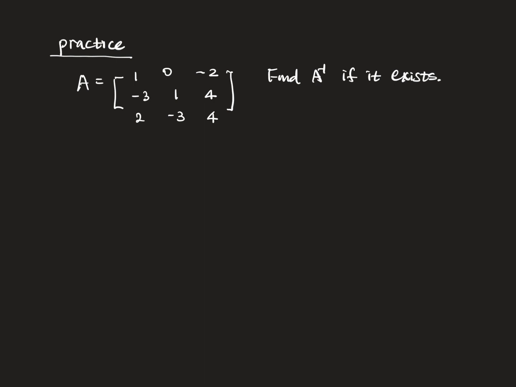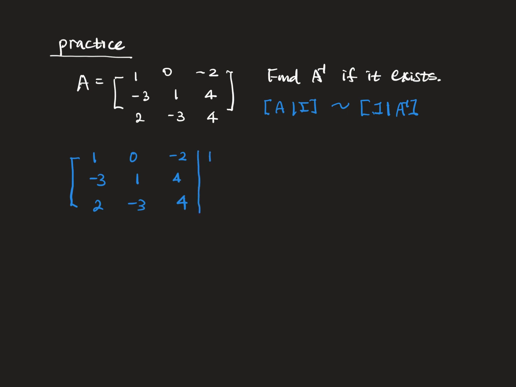So the first step is you're going to go from the [A | I] form to the [I | A inverse] form. Reduce the augmented matrix, guys, okay? Let's just start with this one. All right. A matrix 1, 0, negative 2, negative 3, 1, 4, 2, negative 3, and 4.